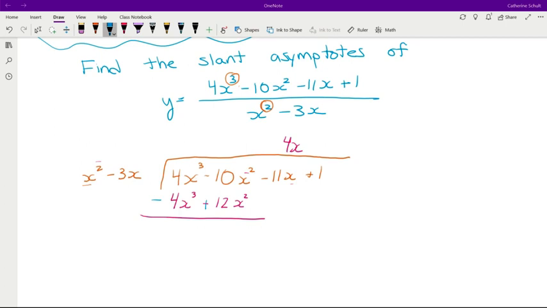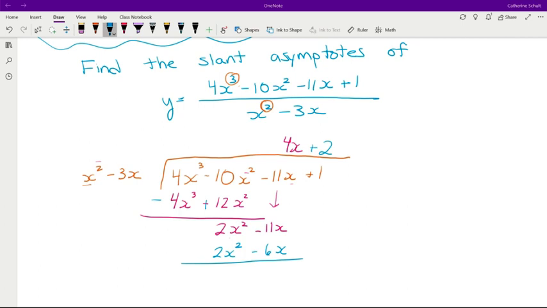So that's going to cancel to 0. And then negative 10 plus 12 is 2x squared. And then we bring down the next term and we start over. x squared times what is 2x squared? Well, plus 2. So we have 2x squared, 2 times negative 3.